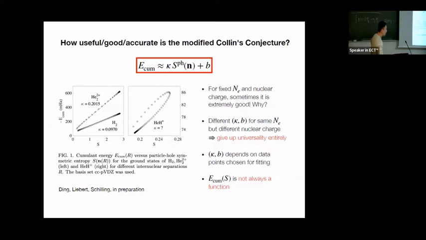Okay, first, let's think about the premise. The premise is the Collins conjecture, in this red box. If this equation holds, then it's more likely that your method will work. Does this equation hold? Yes and no. For example, if you fix the electron number Ne and also fix the nuclear charge, for systems like H2 or helium-2 2+, so I increase the nuclear charge but keep the number of electrons the same, the linear relation is really, really good.